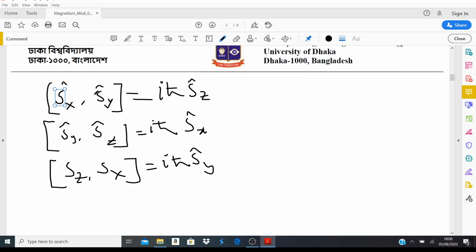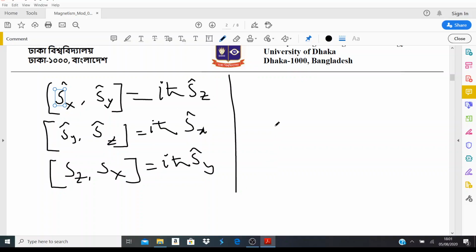None of the spin components of the spin angular momentum of the electron commute with each other. That's the central message. That's why you cannot have a common set of eigenstates of any of these operators. That's the central point you should have. It's like the orbital angular momentum: the individual components do not commute with each other.